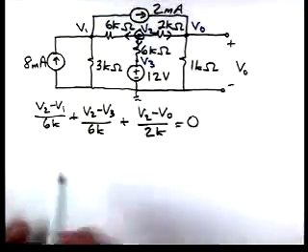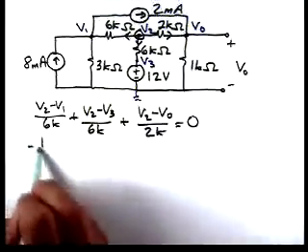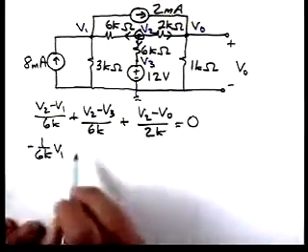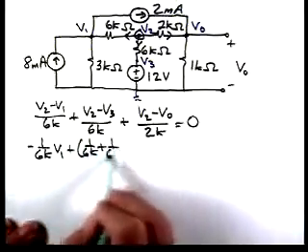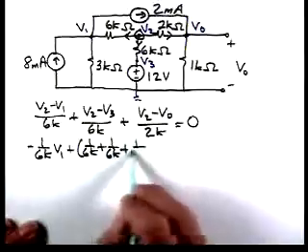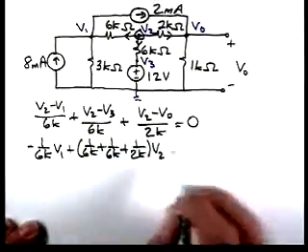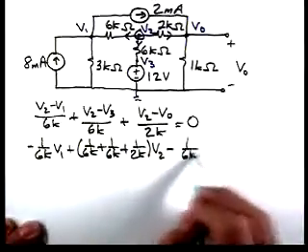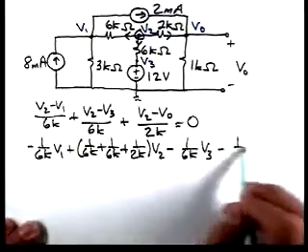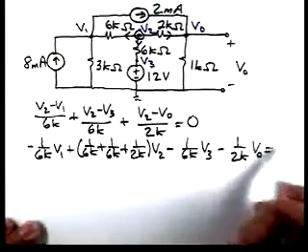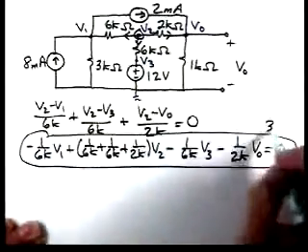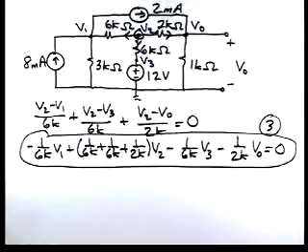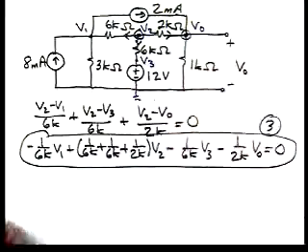Now if we collect up terms, we'll have minus 1 over 6K times V1. Then we'll have 1 over 6K plus 1 over 6K plus 1 over 2K times V2, minus 1 over 6K times V3, minus 1 over 2K times V0. So there's our third equation. And then last, we'll do KCL here.